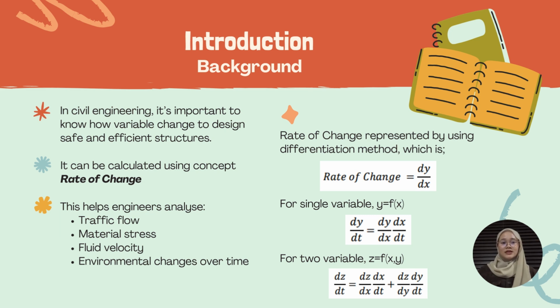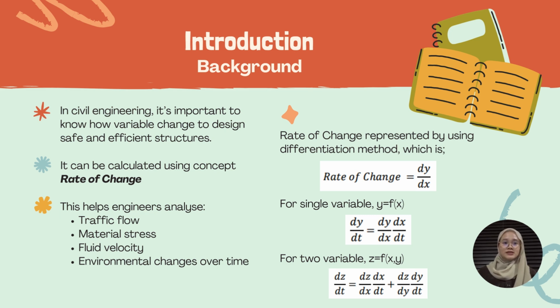In civil engineering, it's important to know how variables change to design safe and efficient structures. It can be calculated using the concept of rate of change. This helps engineers analyze, for example, traffic flow, material stress, fluid velocity, and environmental change over time.